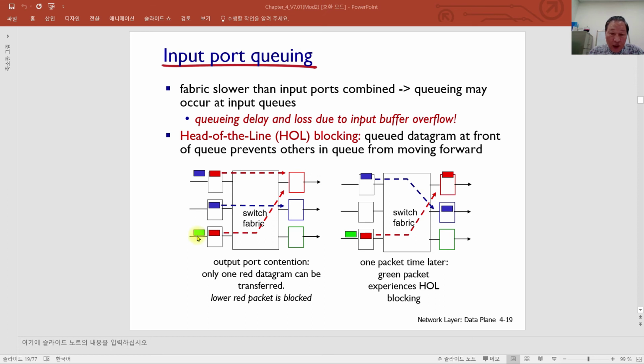That is called HOL, head of the line blocking, because of the first datagram in the queue. Because of this first datagram, which is still waiting in this buffer, this one is waiting for it and is blocked. That is called head of the line blocking.